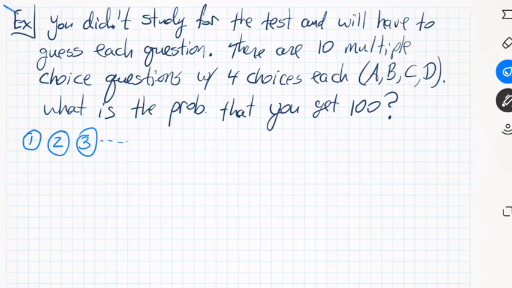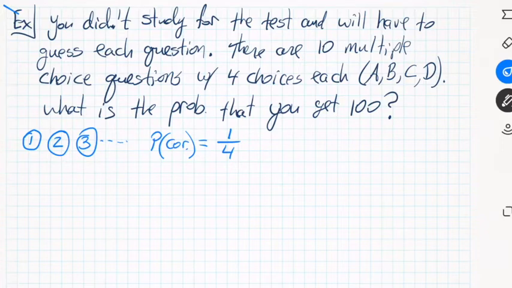All right, so what is the probability you'll get the first one correct? Well, there's 4 choices. So if you're going to get it right, it's going to be one that is correct out of the 4 choices. So the probability of one of them correct is 1/4. Now, getting it right or wrong, the first question, has no effect on getting the second question right or wrong, assuming that you don't get nervous in between.